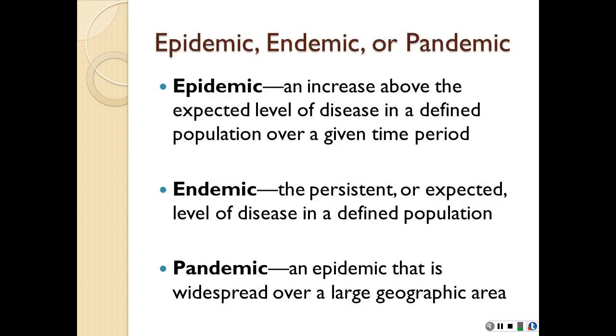An epidemic, in layman's terms, we could call an outbreak. They're somewhat synonymous. Some people have different connotations for the two words, but essentially an epidemic and an outbreak are the same thing: an increase above and beyond what you would expect to be the endemic rate in a certain area. And pandemic is simply a really big epidemic.